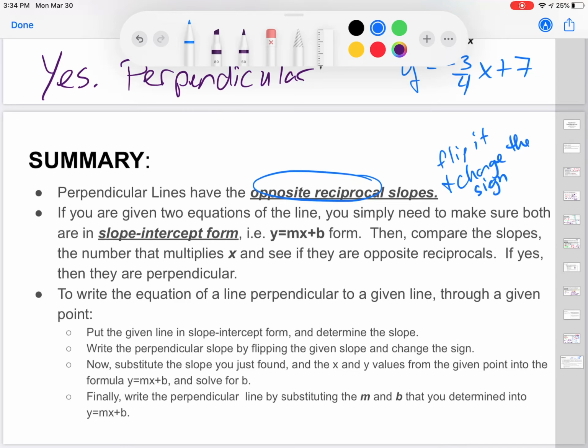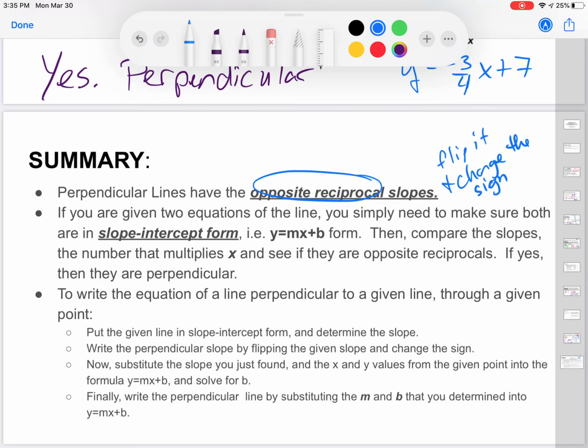Now, to write the equation of a line that's perpendicular to a given line through a given point, you follow the same process that we did for parallel lines, with the exception that you must write the perpendicular slope. First of all, the equation given has to be in slope-intercept form so you can determine the slope of the given line. Then you write the perpendicular slope by flipping the given slope and changing its sign. Again, we're writing the opposite reciprocal for the perpendicular slope.